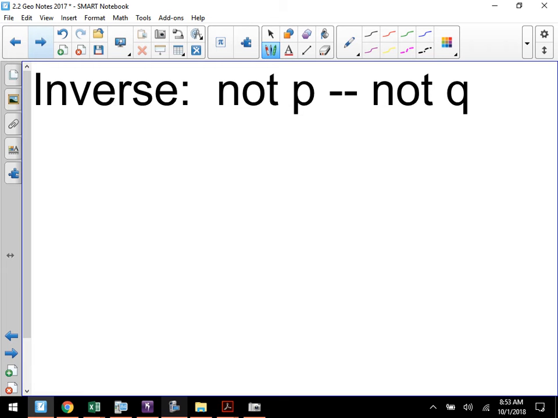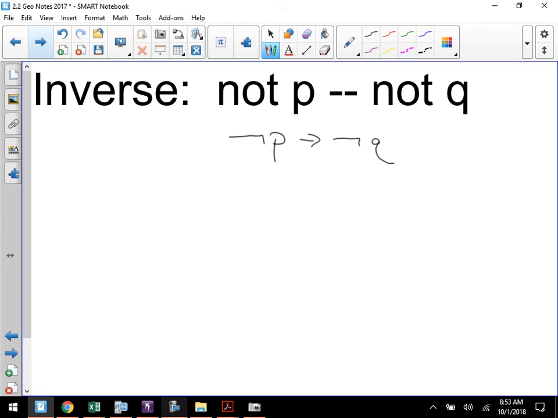The inverse then, not P implies not Q. This weird looking bar with a line down, not P, implies not Q. That's just a term that mathematicians use for the word not. If you want to write not P, not Q, that's fine as well. That's the idea. So all you have to do is negate the first statement.